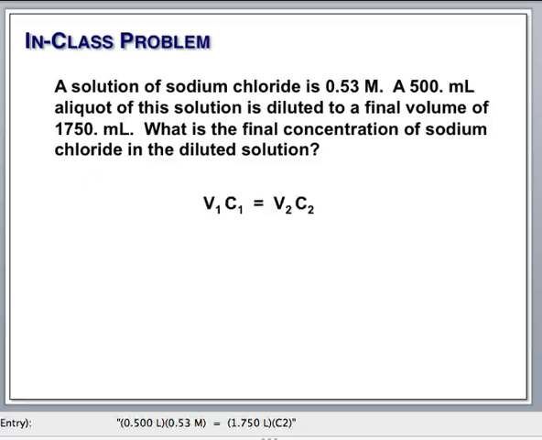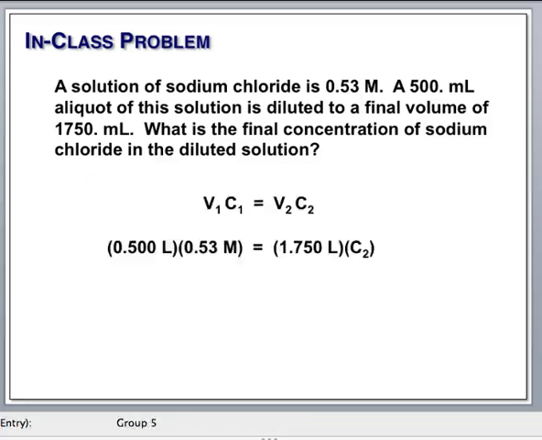V1, C1, V2, C2. We plug in here our volume, 500 mL, or 0.5 liters, our concentration, 0.53, our final volume, 1.75 liters, and we don't know our concentration.